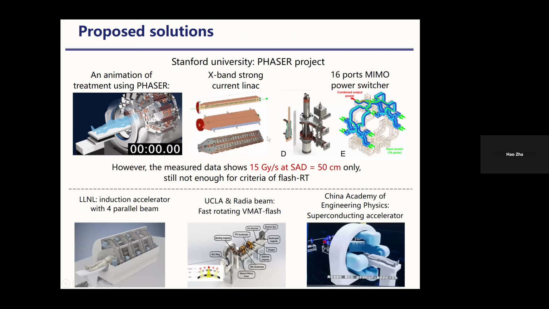So of course, we are not the only group working on this. Worldwide, several institutes are working on this. For example, the Lawrence Livermore National Laboratory in the United States is developing induction accelerators with 4 parallel beams. And UCLA and RadiaBeam are working together on a very fast rotating VMAT flash concept.